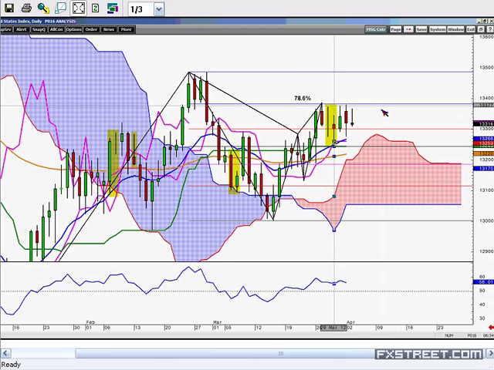So my forecast at the moment for euro dollar is a move lower, short term, into the 132, 131.90 area, and then our next move to the upside.